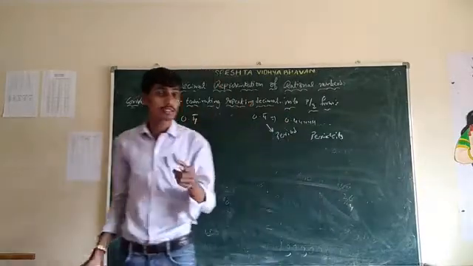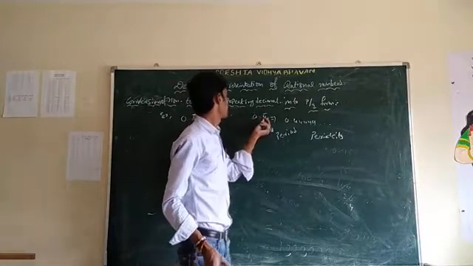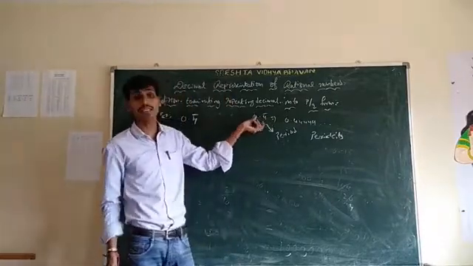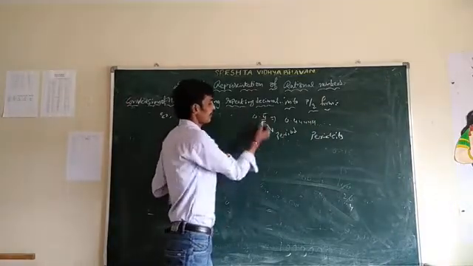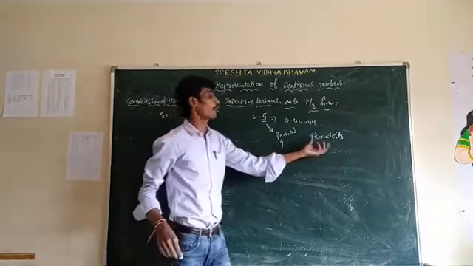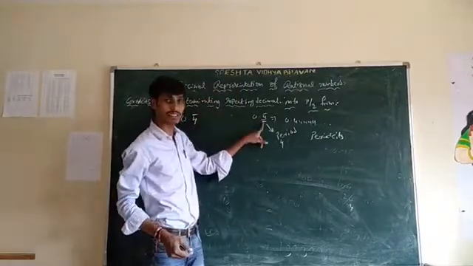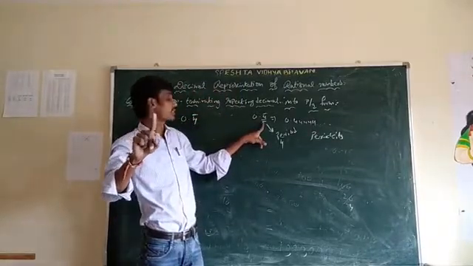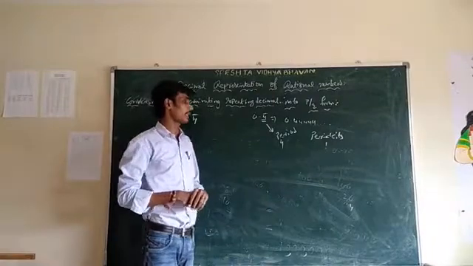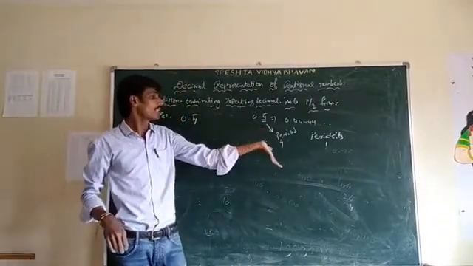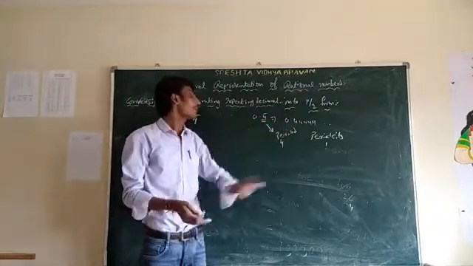So what is the period? The period is the set of digits in the bar. Here how many digits are there? Only 4. That means the period is 4. Periodicity indicates the number of digits. How many digits are there? 1 digit. Here we do not take the set. The number of digits is 1, so the periodicity is 1. Clear? The set of digits is called the period, and the number of digits is called the periodicity.